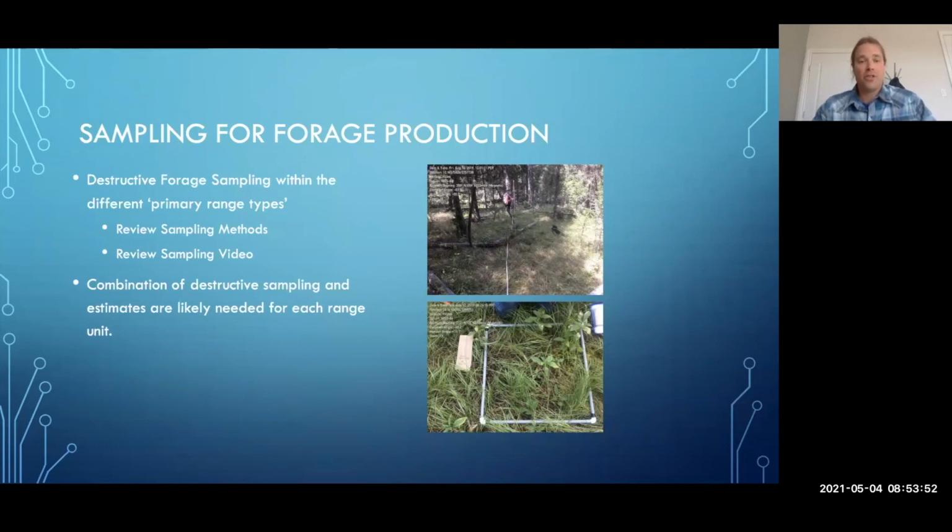Generally a combination of destructive sampling and estimates is needed for each range unit, because the range units are so large that destructively clipping enough samples is very difficult, especially at the district or provincial scale. But using a combination of destructive sampling and just windshield estimates is what can be used to improve these forage category maps.